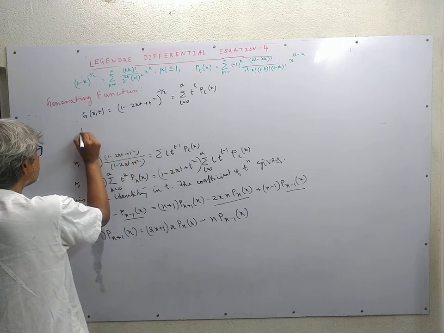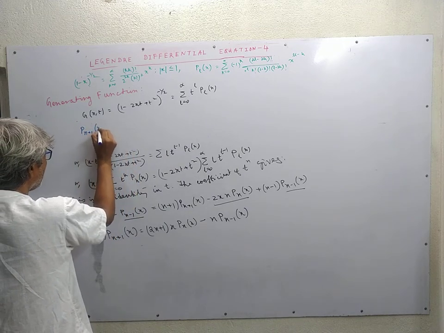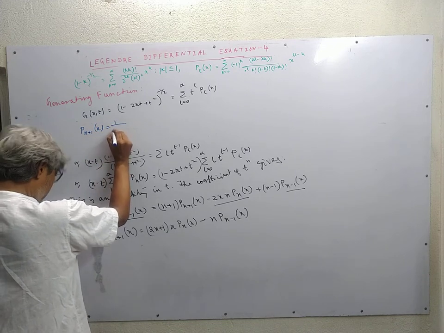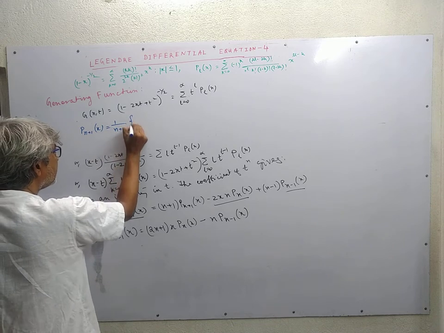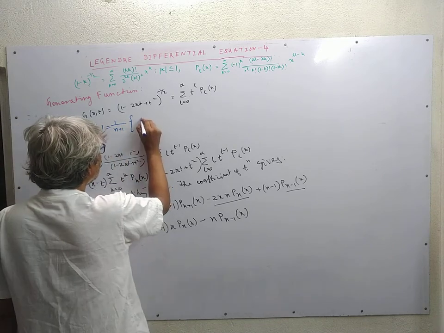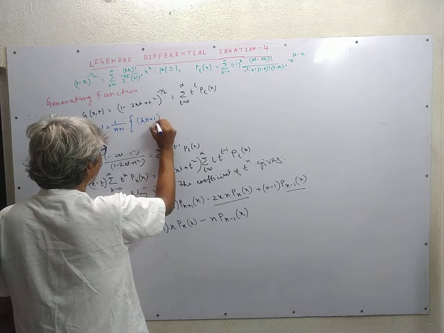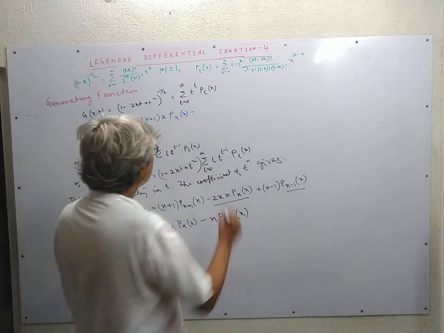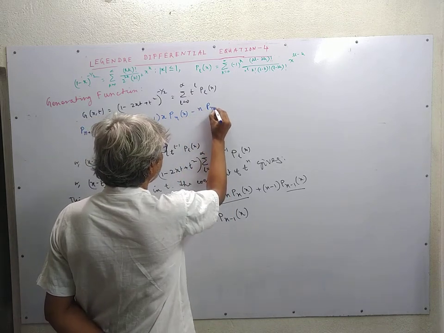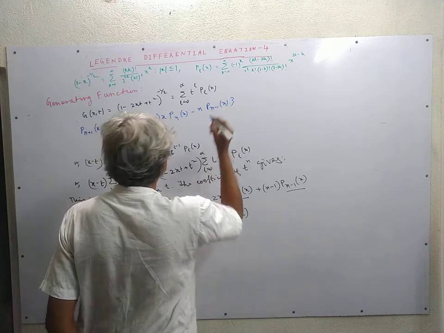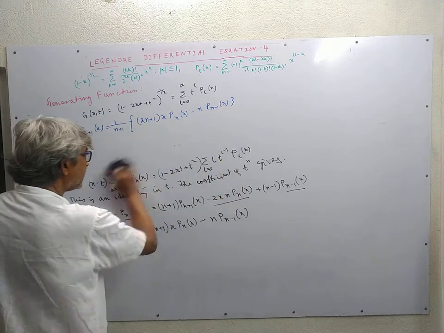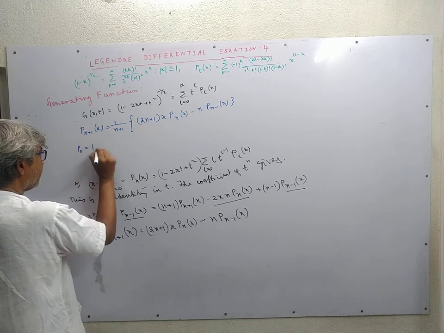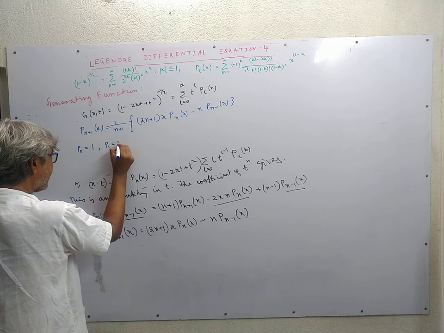We write this expression: P_{n+1}(x) is equal to 1/(n+1) times [(2n+1) x P_n(x) minus n P_{n-1}(x)]. We start with the values P0(x) is 1 and P1(x) is x.